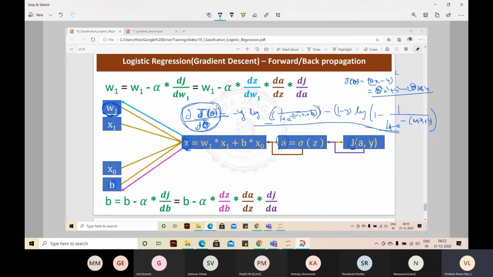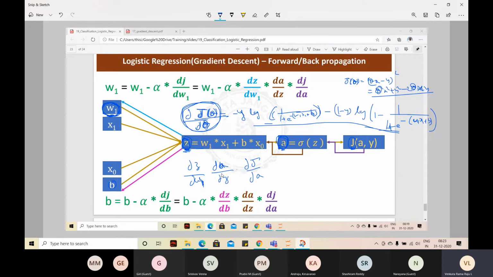The derivative of the cost function with respect to theta can be calculated like this: dz by dw1 will give you the rate of change of z. dA by dz will give you the rate of change in A when z changes, that is, 1 unit change in z, how many units A is changing. And the derivative of J with respect to A will give you, for 1 unit change, how many units it is changing in J.